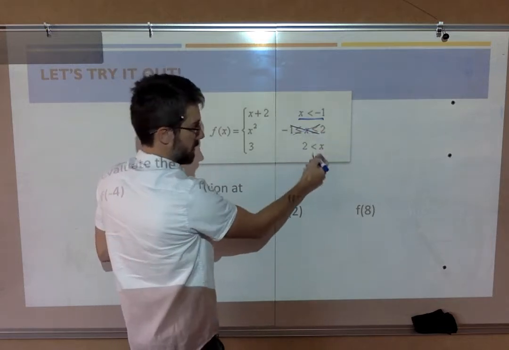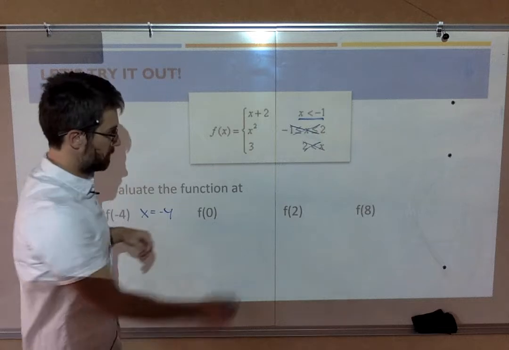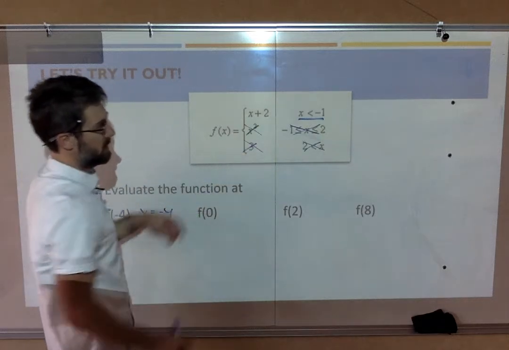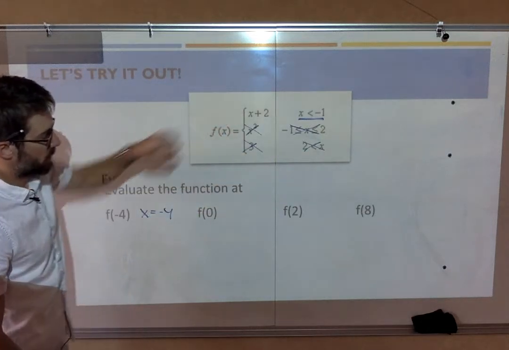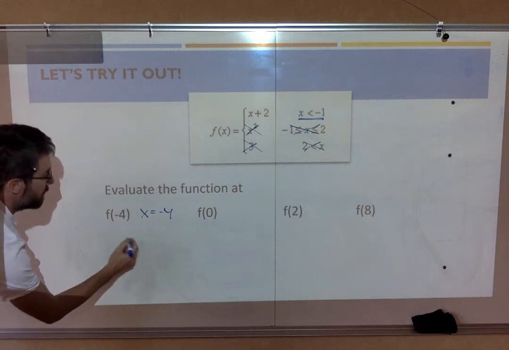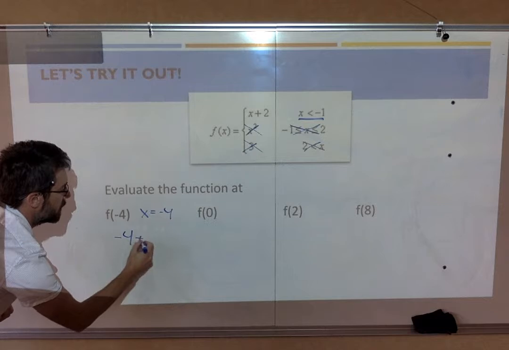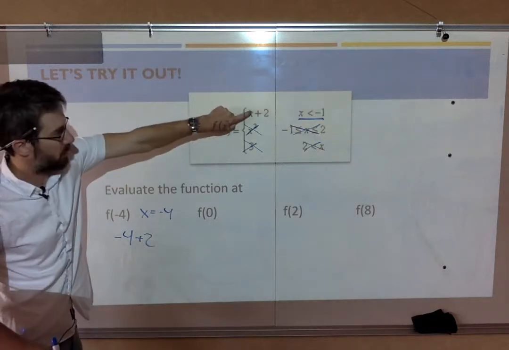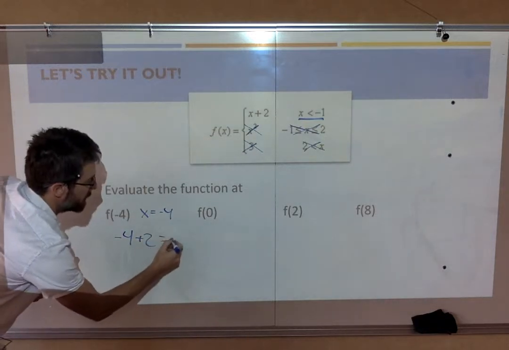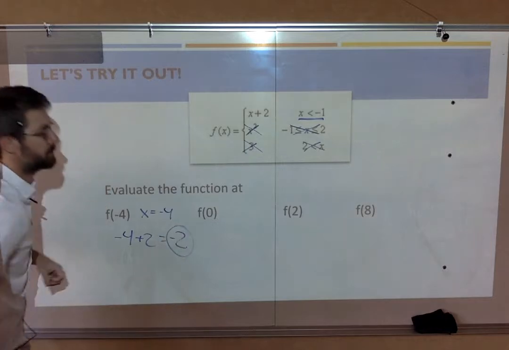It's not greater than 2, so it can't be that one. So when I evaluate this, f of -4 is going to be -4 plus 2. I'm just plugging in -4 for x, and that equals -2.